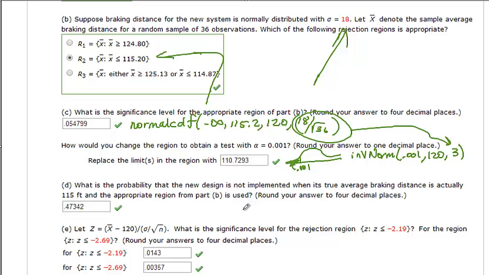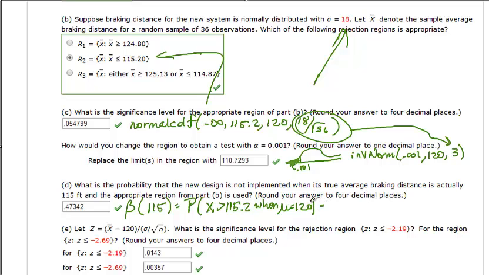Then the next question asks me for actually a beta. So it's actually wanting this beta of 115. So they're asking what's the probability that, because we're looking for an error here, that x is greater than 115.2 when the mean is 120.